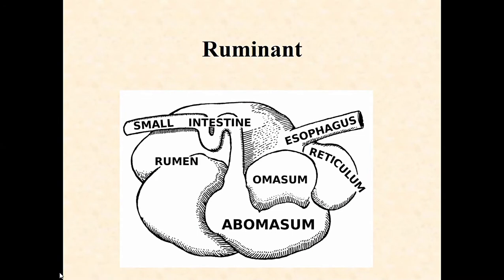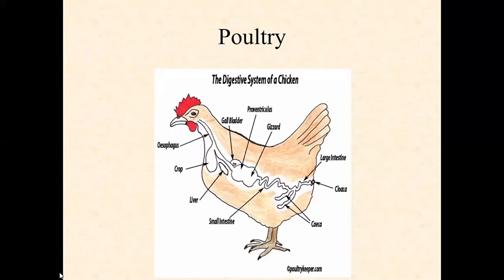All right, so this should be a familiar picture for you. You saw on the previous slide, this is the ruminant animals, and they have the four chambers. Your true stomach is the abomasum. So poultry, that was chapter 6.